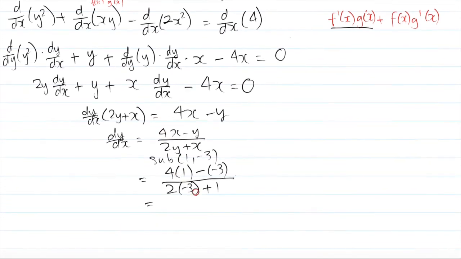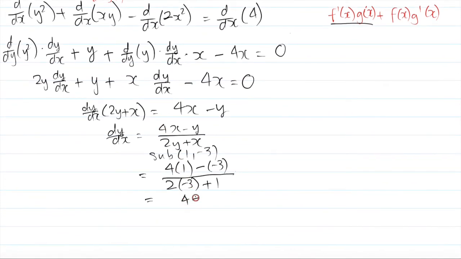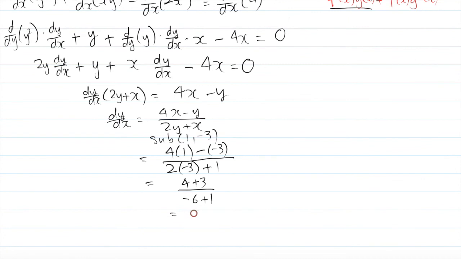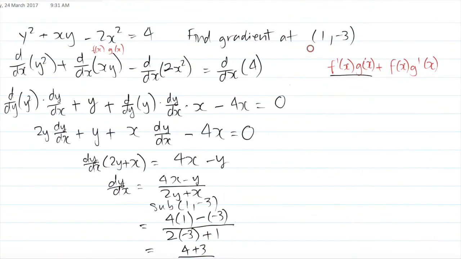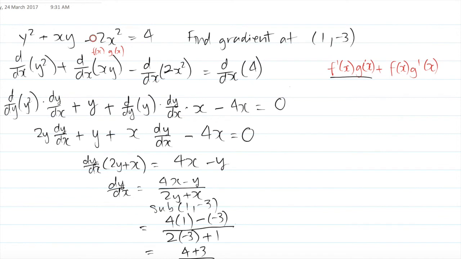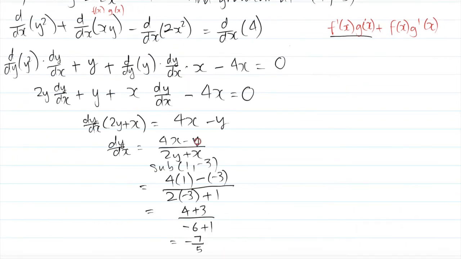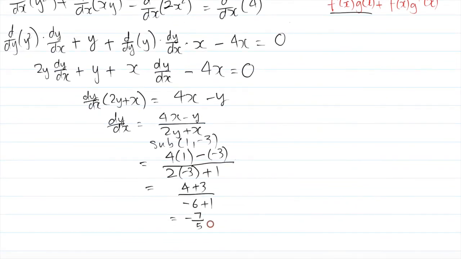At the end of the day, we have 4 plus 3 divided by negative 6 plus 1, and you should end up with 7 over 5, and you have the negative in front. So your gradient at the point (1, -3) should be negative 7 over 5.